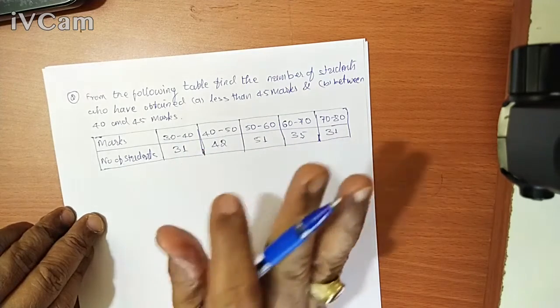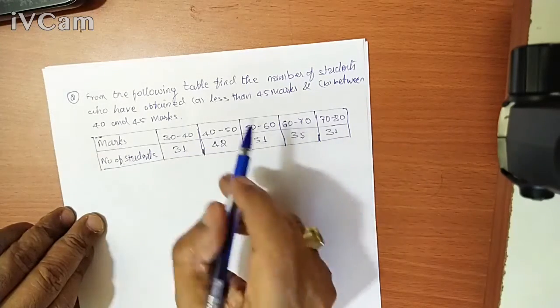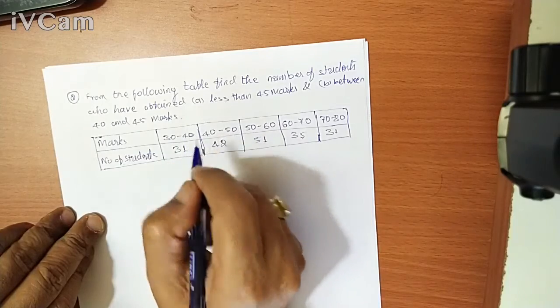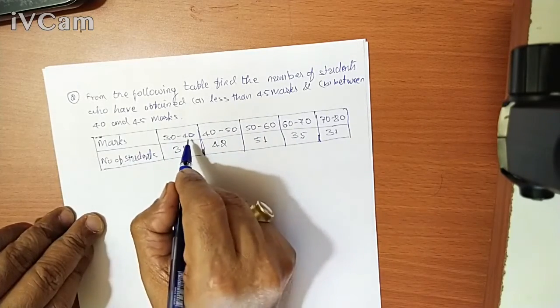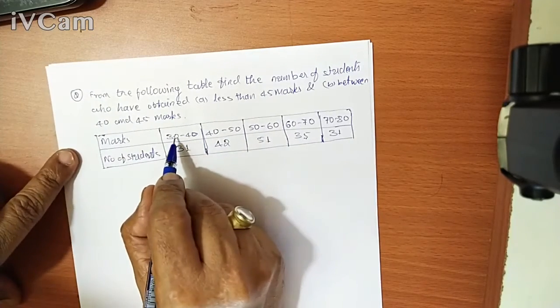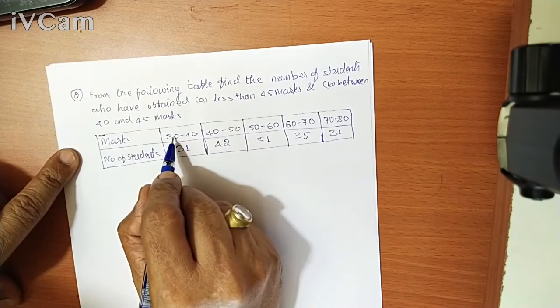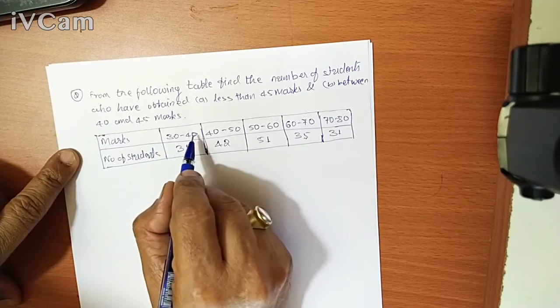Here, just to ease my problem, what I will assume is the students who have scored 30 and up to 40, 40 is not included.